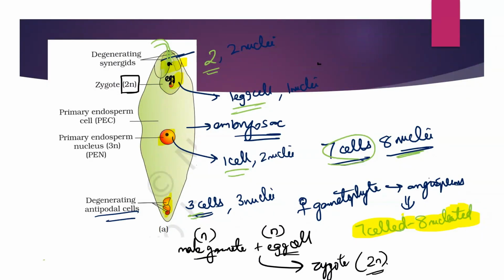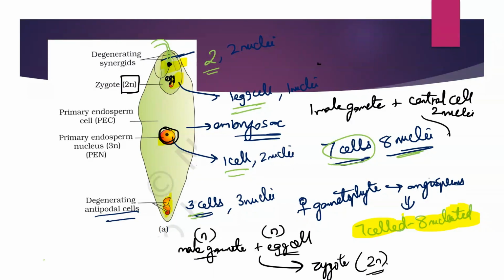Now we know that there are two male gametes which are produced, right? One of the male gametes fuses with the egg, while the other male gamete fuses with the central cell, which is having two polar nuclei.